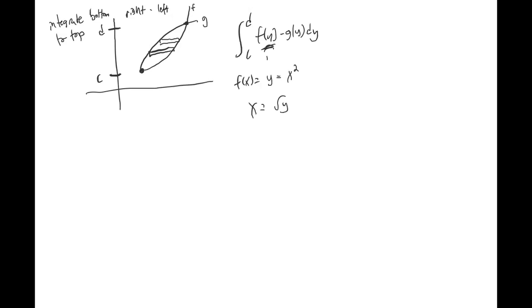In this case, in the horizontal space, it's the plus root. When I write f of x, this is just x squared, y in terms of x. And here x is root y. So that's what I mean by f of y. I'll do an example of that later, but let's start off easy.